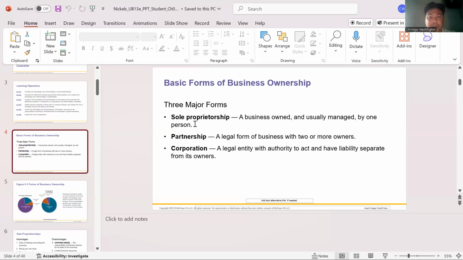So what you need to do if you want to start a business as a sole proprietor is you just need to make sure that you have the ability to run and start a business. So for example, maybe you're a green card holder, or you're a citizen, and you're able to legally start a business.